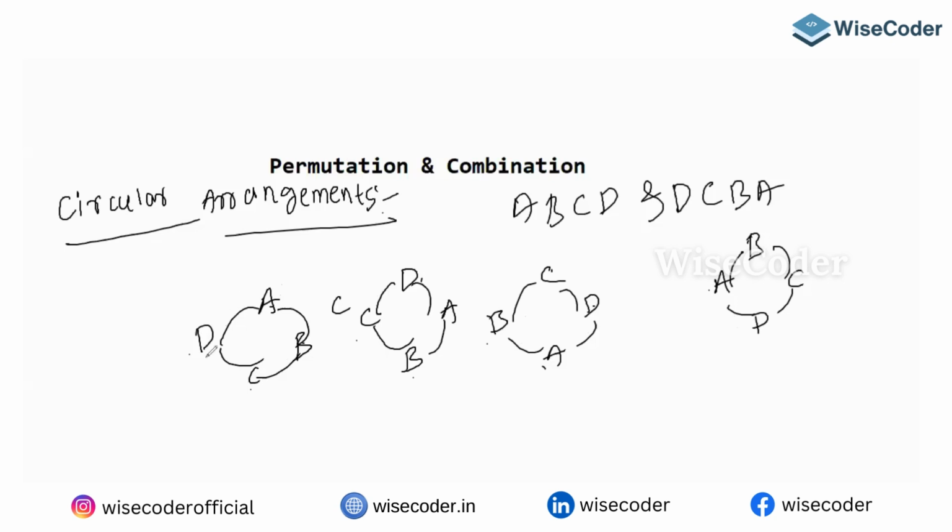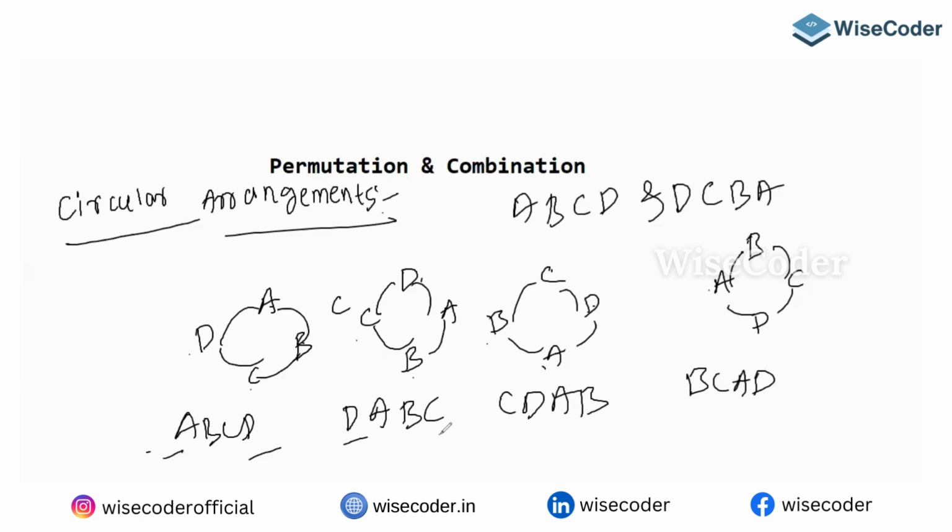In a linear arrangement, what we have seen, guys, is A, B, C, D here, D, A, B, C here, C, D, A, B here, B, C, D, A. So the point is this: here their extreme ends are totally different. In a circle, you cannot say where the extreme end is.